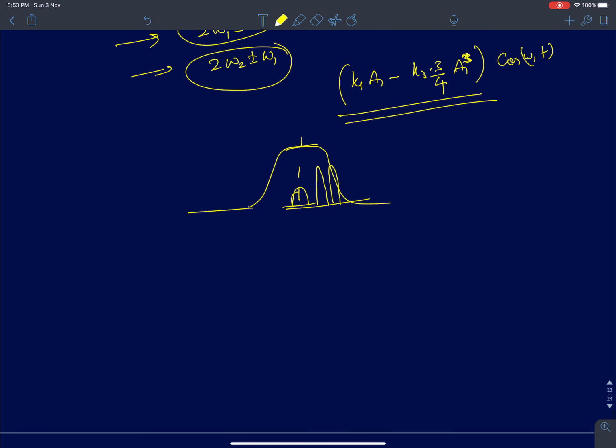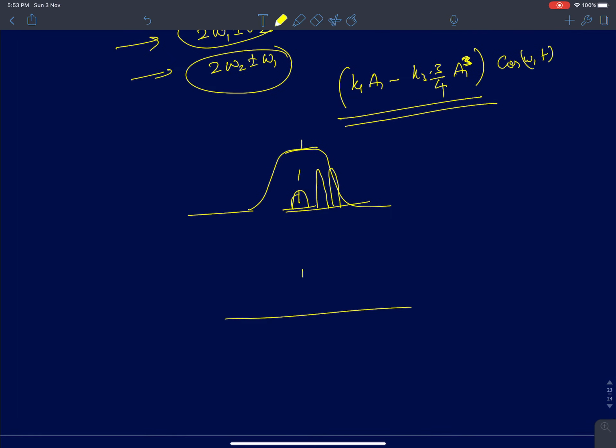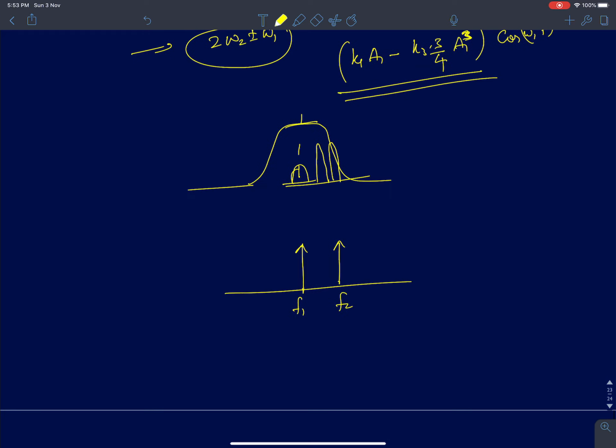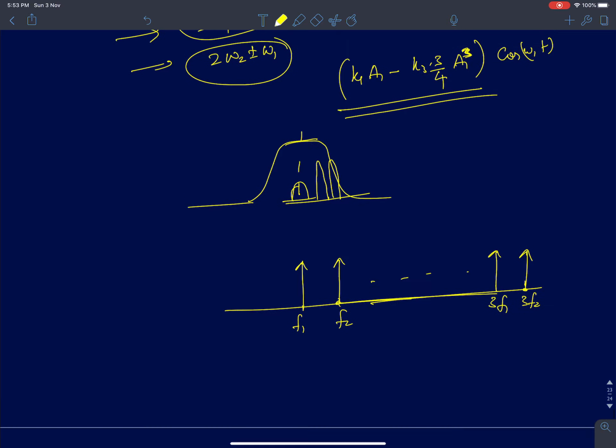Now I'll try to find out where these different frequency terms come in. So first let's draw these two, which is your F1 and F2. I've written omega 1 and omega 2 there. So the harmonics, when I pass this through a nonlinearity, will be far away, at 3F1 and 3F2. That will be one harmonic.